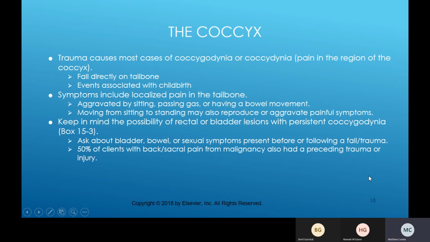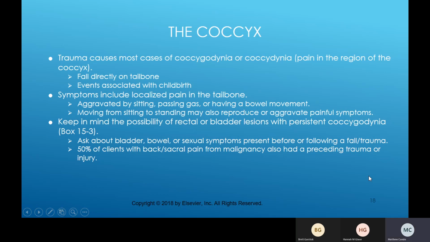When it comes to the coccyx, we're not going to see a ton of this in the clinic. However, what we could see, again, associated signs and symptoms, typically they're going to be localized to the tailbone. If it's MSK, these do fracture from time to time and they do dislocate from time to time.